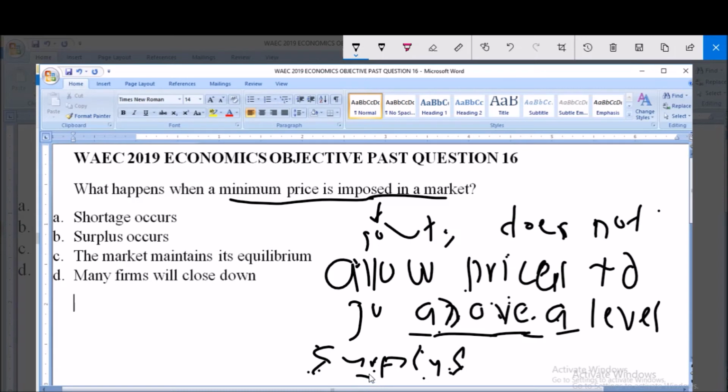And as a result of this surplus, sometimes the government has to purchase the surplus in order to maintain the price they have set, or the price range they have fixed. So the answer to the question is surplus occurs, which is B.